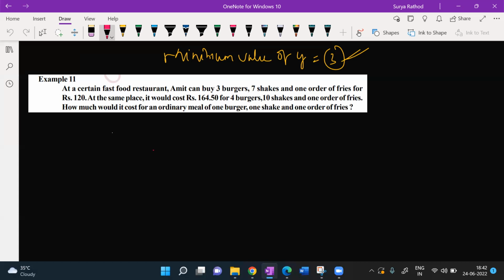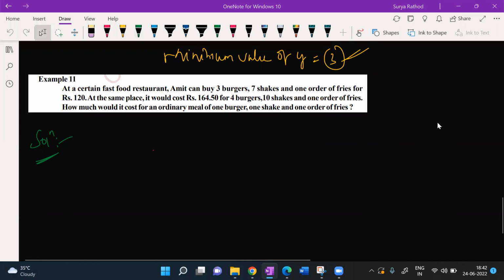Harshil, very good. Can you explain, Harshil, how you solved this question? So I did 3b plus 7s plus f is equal to 120. Then I took 4b plus 10s plus f is equal to 164.50.